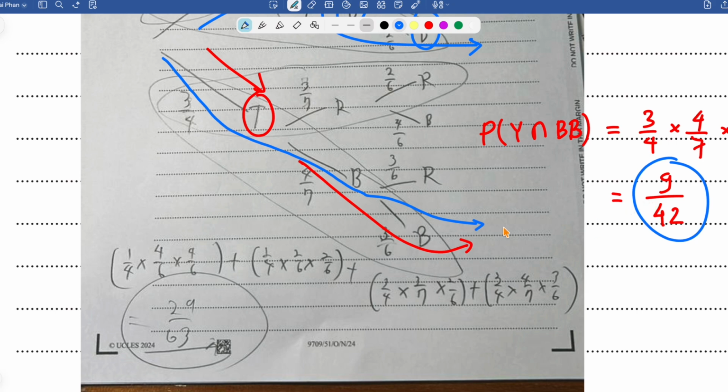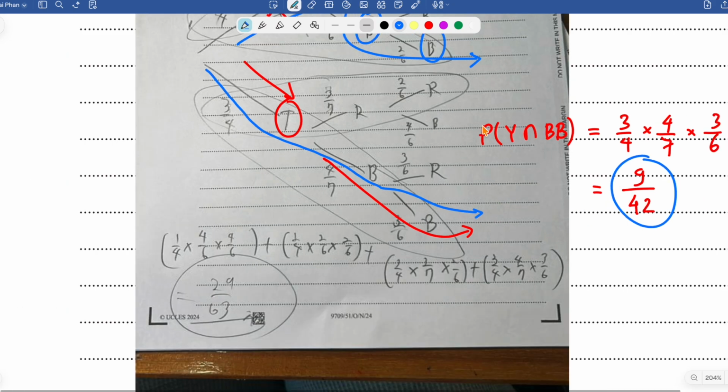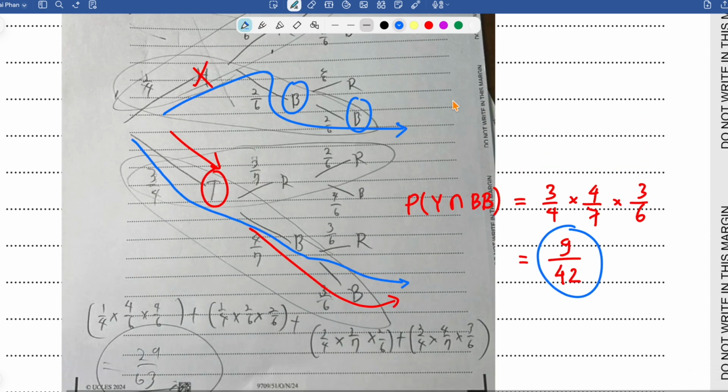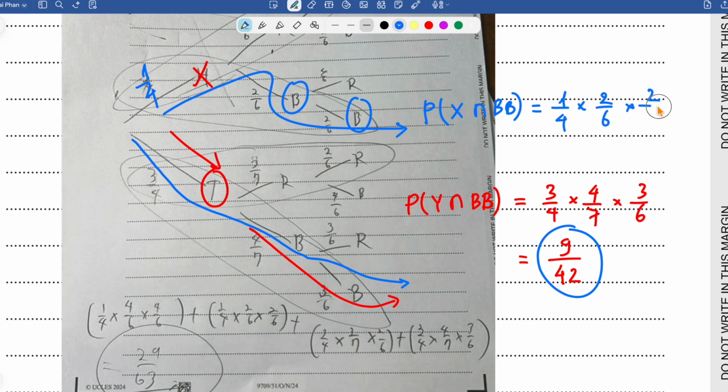This is the second branch, of course. The first branch up here, I can represent as the probability that two balls are taken from bag X and they are both blue. This probability is 1/4, since this is 3/4, multiplied by 2/6 and another 2/6.